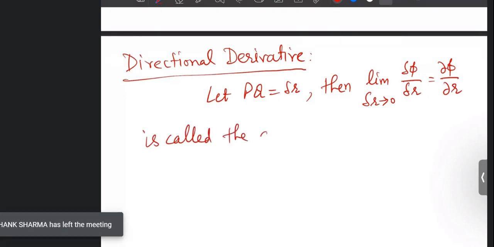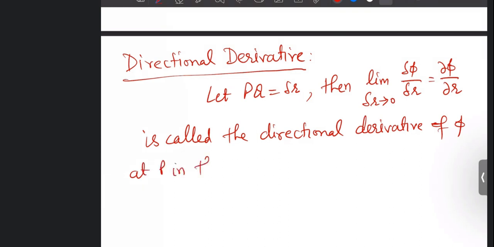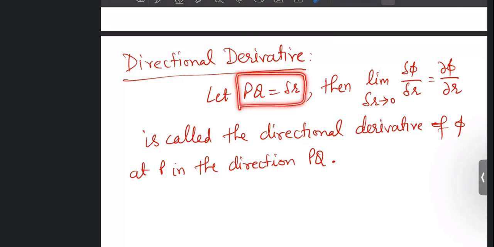the directional derivative of φ at P in the direction PQ. And if we have given this PQ equal to δr, we consider it as a magnitude.